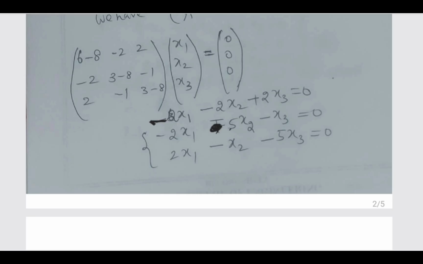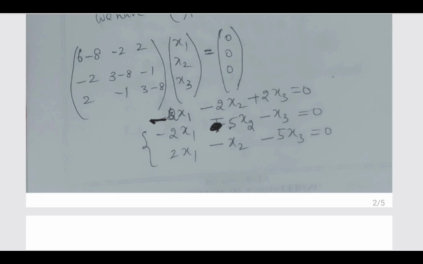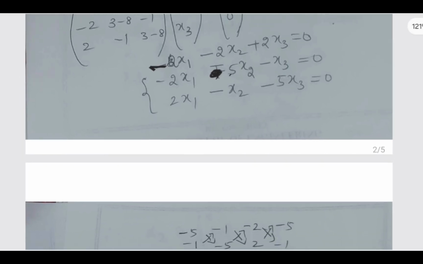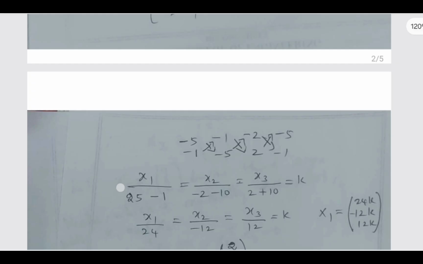Whenever you find a linear system, immediately analyze whether any two equations are the same, or whether the system has all different, non-identical equations. First you check it. Here all are not equal, so all three are different. So as usual I have taken the second and third equations; you can also take first and second, or first and third.